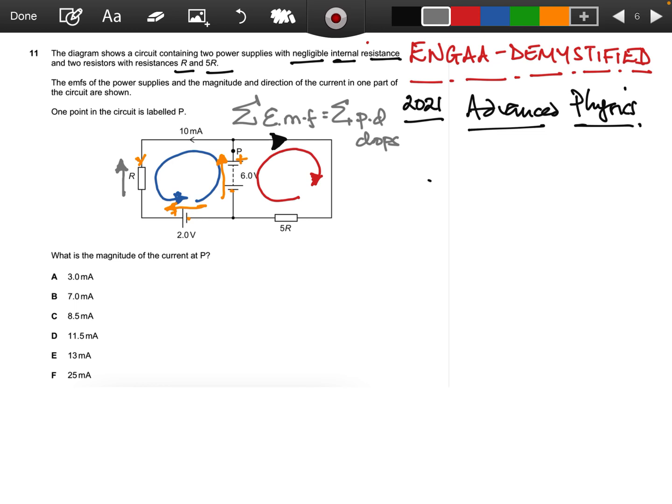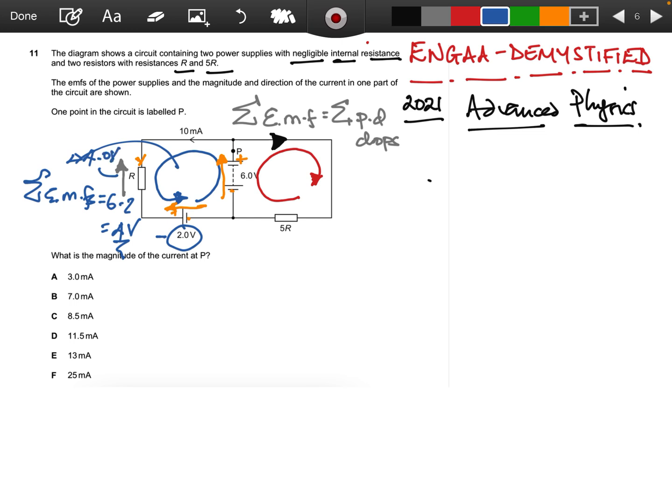So the sum of EMFs in this loop: we can give the 2 volts a negative value because it's going in a clockwise sense, and the 6 volts we'll call positive, going in an anti-clockwise sense. So that's 6 minus 2, which is 4 volts. This must be equal to the sum of the drops in potential difference. We've only got one resistor, so the drop in potential there must be 4 volts.